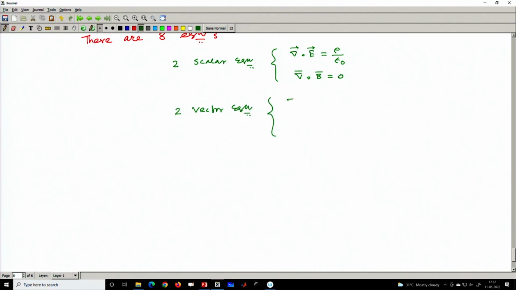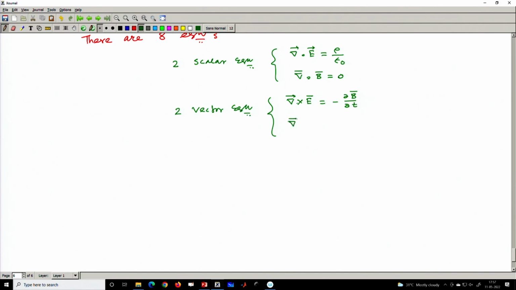Which vector equations? Curl cross E is minus of del B del T. Left hand side is a vector, right hand side is also a vector. So, component wise there will be 3 components. So, 3 equations are there.